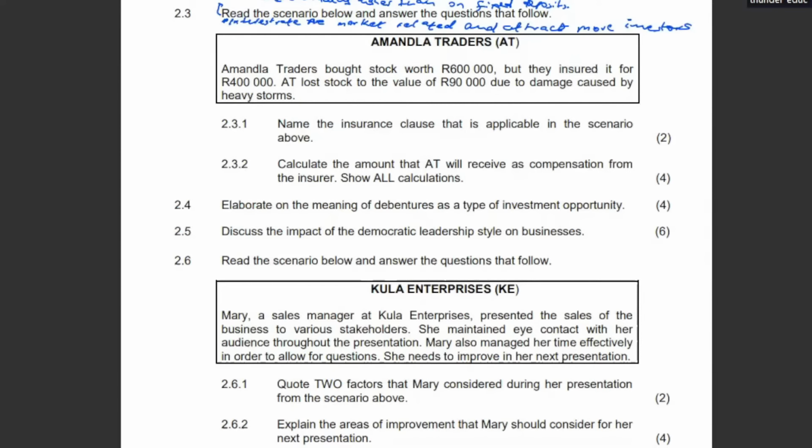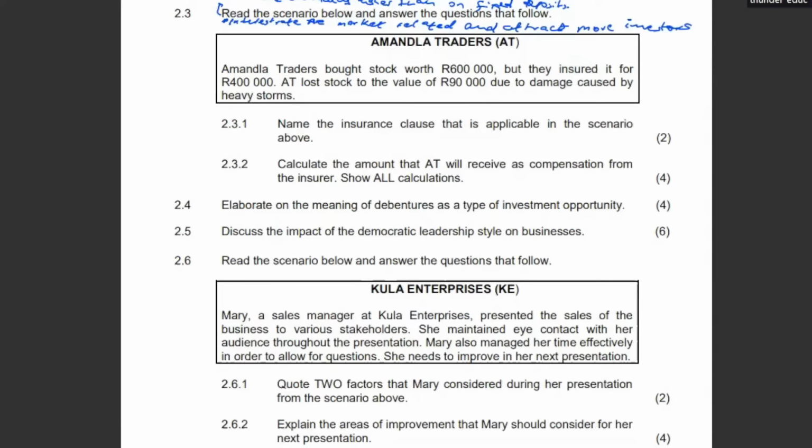Okay, right. So now Amandla Traders. Remember, whenever we talk of the word trade or any word that involves traders, that means there is no manufacturing or processing taking place. What they do is order and then resell to the customers or consumers.